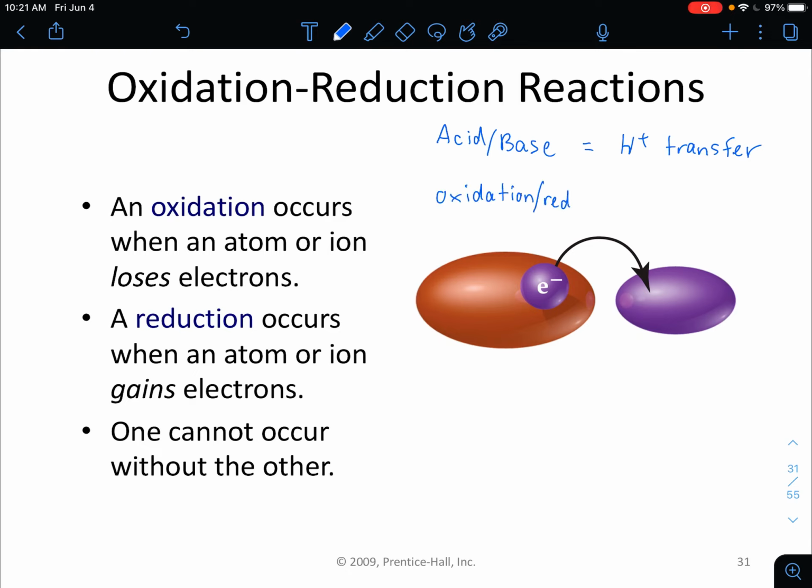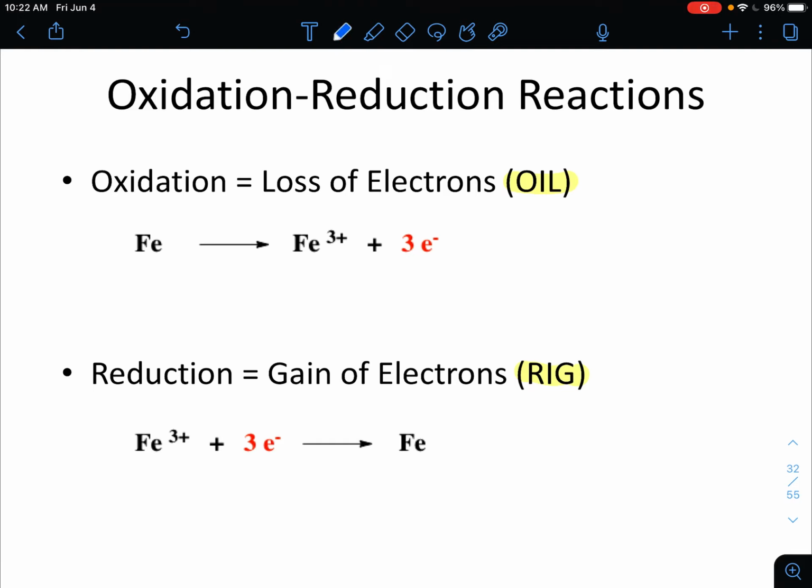Oxidation is loss, reduction is gain. So if we're losing electrons, that means it becomes more positive. And that's what we always expect to see in an oxidation. The loss of electrons makes it more positive.